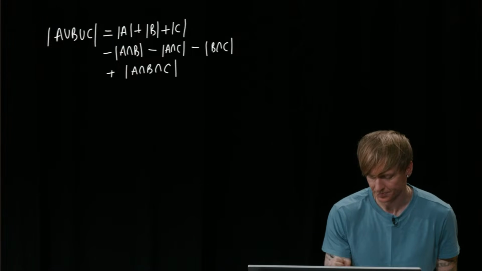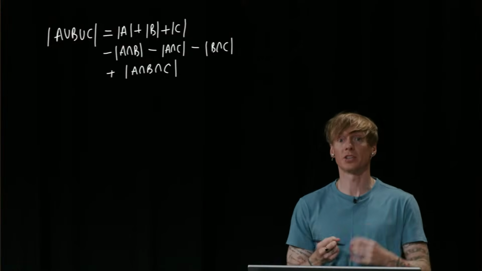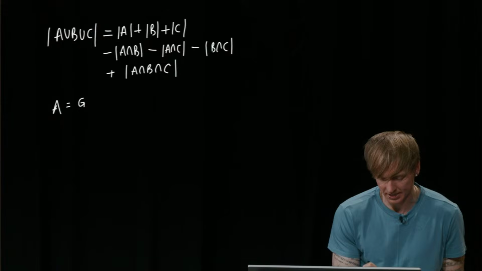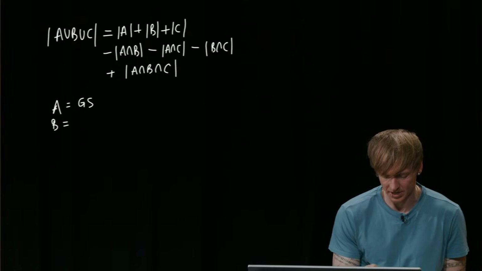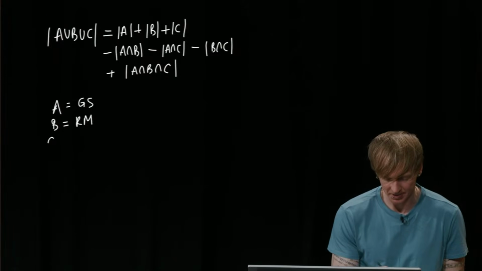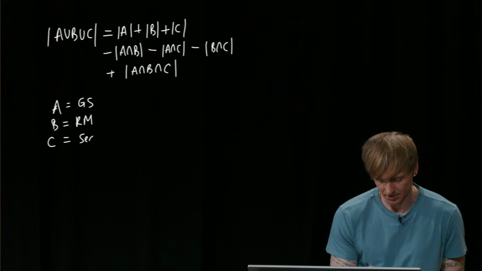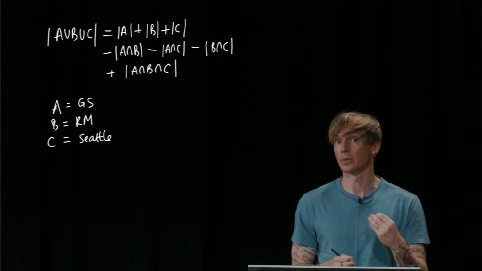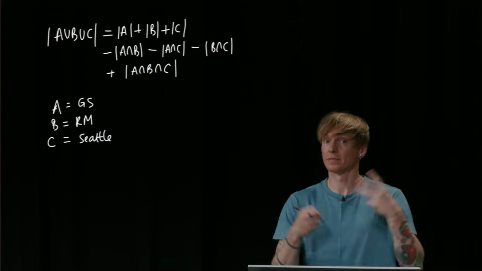Now, we want to label which team is which. So let's just say A can be Golden State, B can be Real Madrid, and let's suppose that C is then Seattle.